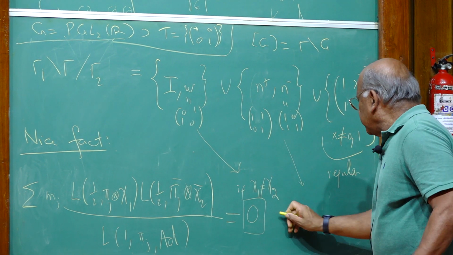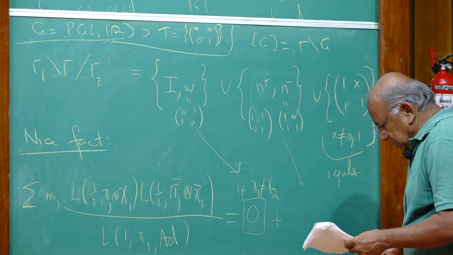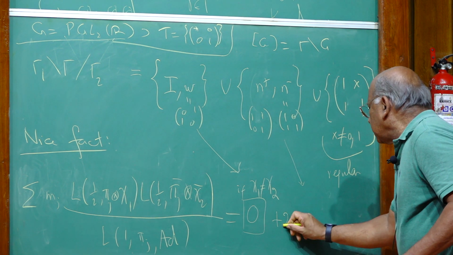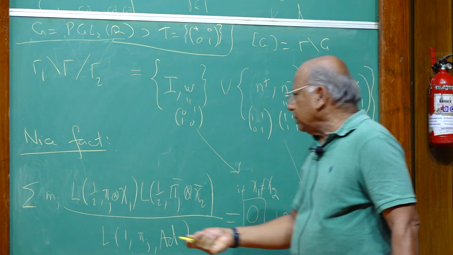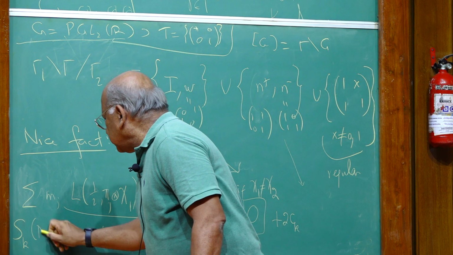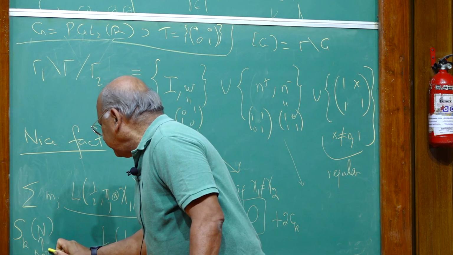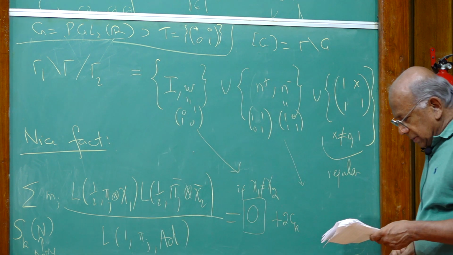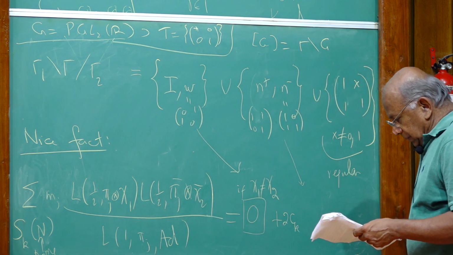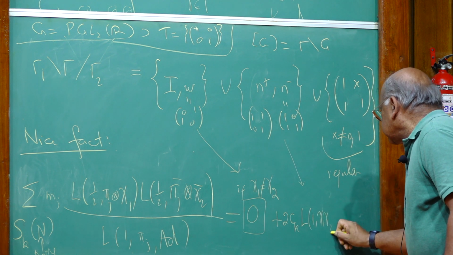And then from this unipotent term, you get 2 times some constant depending on k, remember, I'm looking only at forms of weight k. And let's assume we're in some level n, and let's assume for simplicity it's prime. Then you get 2c_k times L(1, chi1 chi2 inverse).